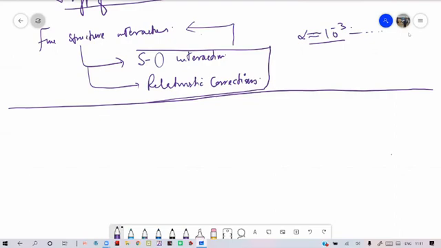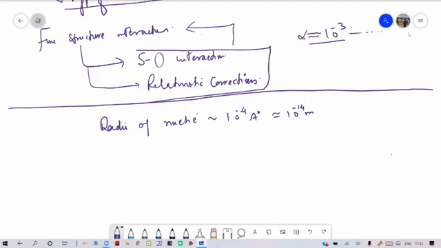If you remember, the radii of nuclei is of the order of 10 raised to the power minus 4 angstrom, which is 10 raised to the power minus 14 meter.